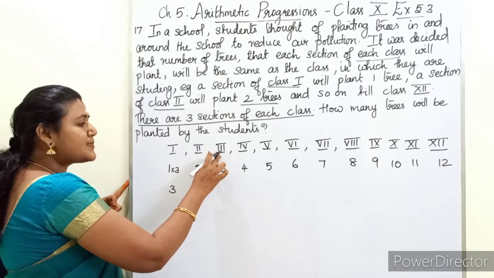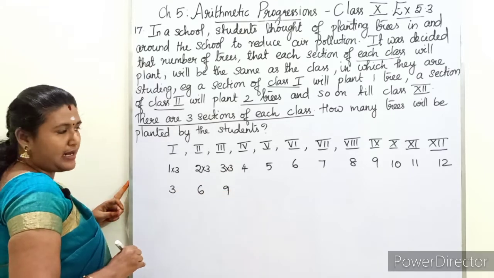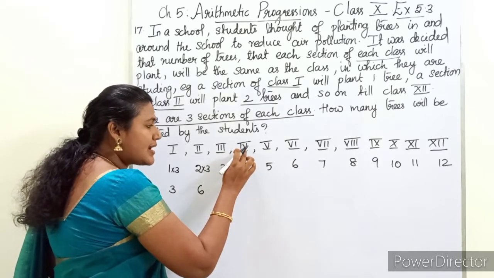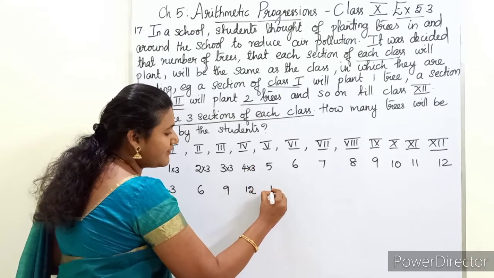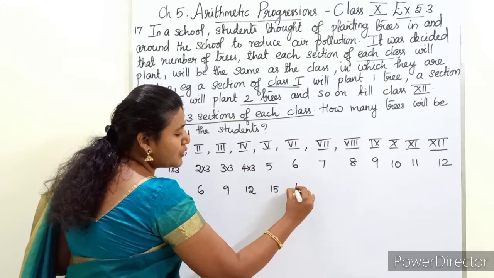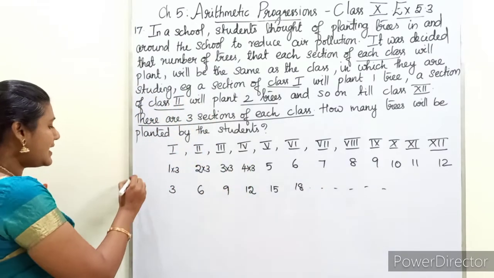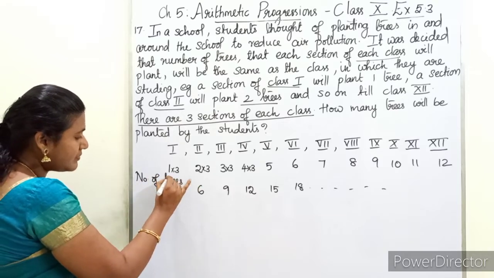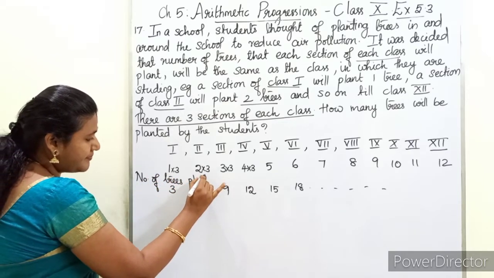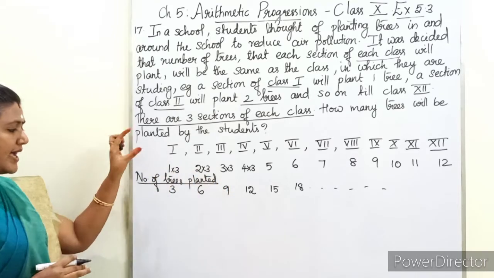So the number of trees planted by class 3, that is 3 into 3, is equal to 9. Class 4, that is 4 into 3, is equal to 12. Then 15, 18, and so on. It will go like this. So these are the number of trees planted by each class.